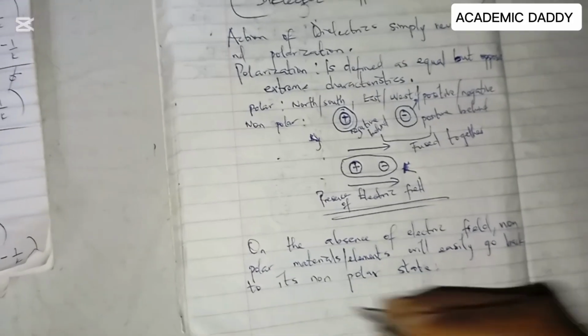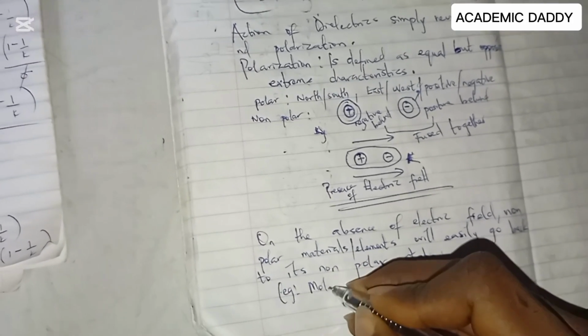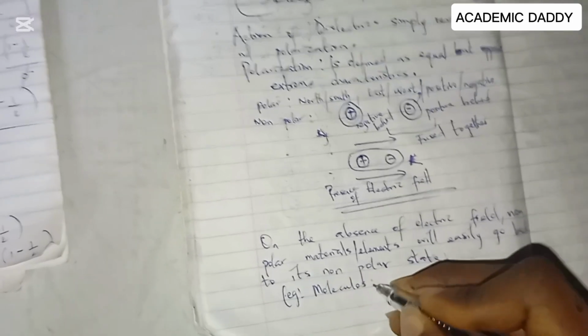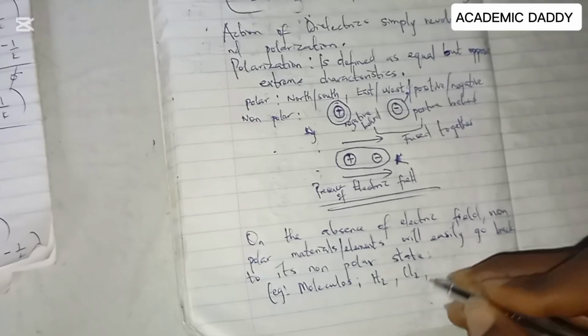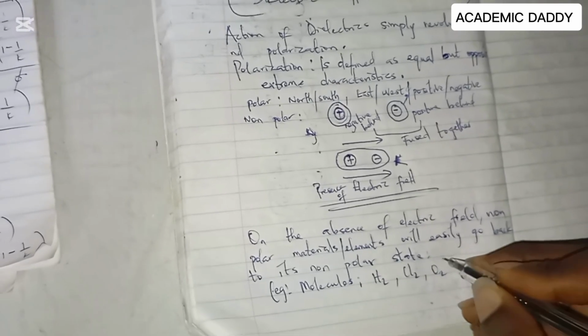So proper examples of non-polar are molecules like H2, Cl2, O2, etc.